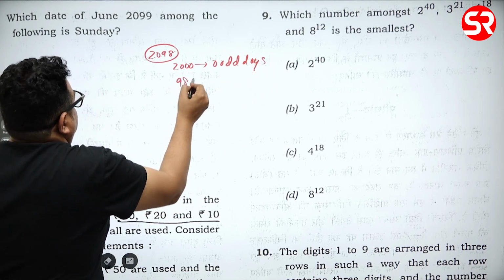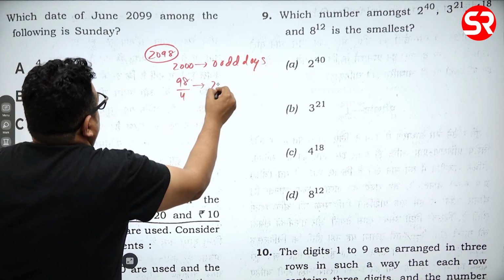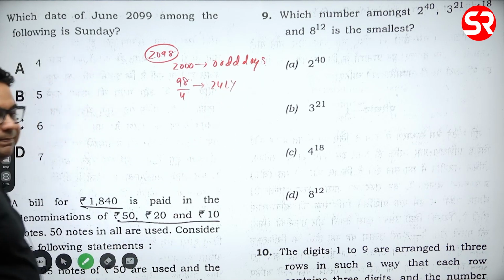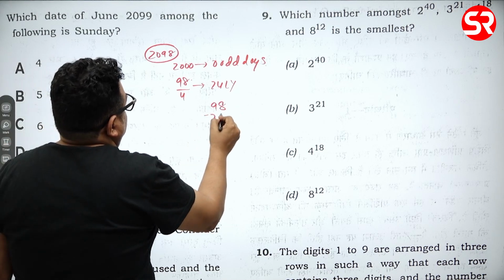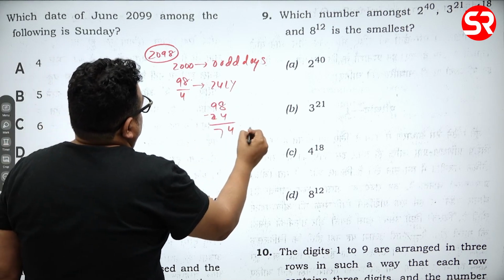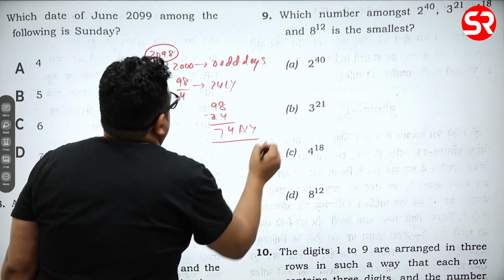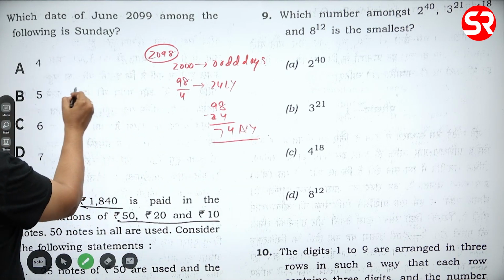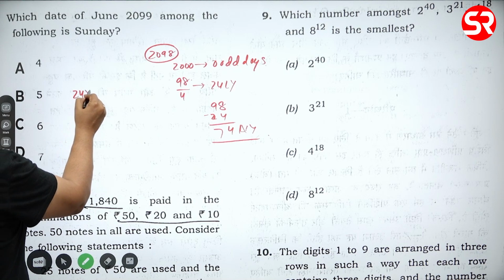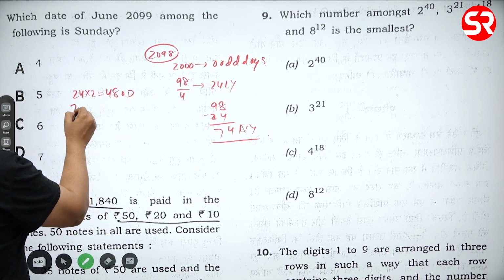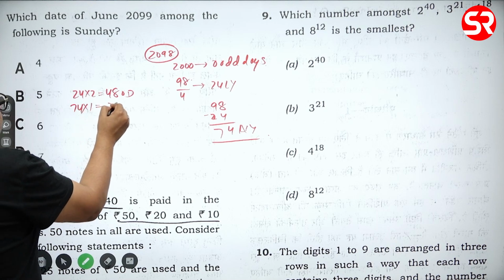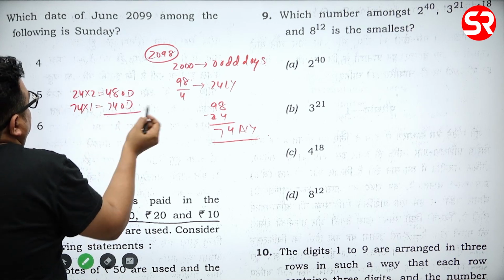And 98 years by 4, so 24 leap years, isn't it? So 98 minus 24, 74 normal years, right? So 24 leap years would have 24 into 2, 48 odd days, and 74 normal years would have 74 odd days.